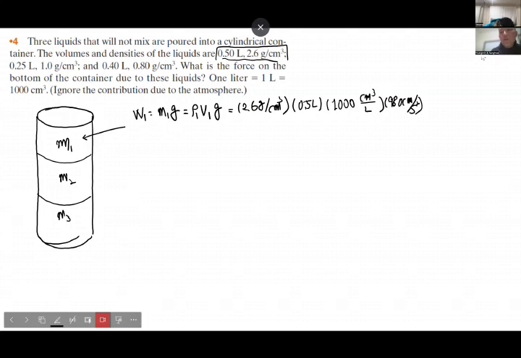Now we plug them all into this formula, and the weight can be expressed in centimeter, gram, and second units. The liter is gone and only centimeter and second remain. If you plug in the numbers, that should be 1.27 times 10 to the 6 gram centimeter per second square.